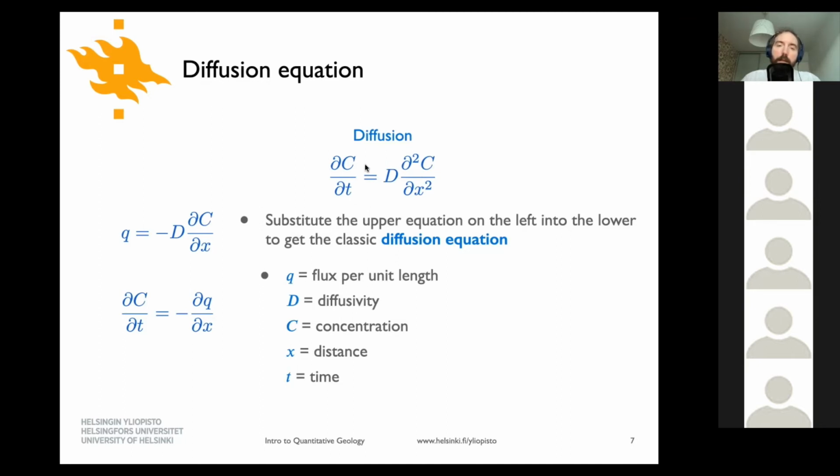It says basically the change in concentration with time is equal to this diffusion constant, D, times the second derivative of the concentration over some distance dx. So in this, if you want to talk the talk, this would be the curvature of the concentration, the change in the gradient. And then here are all of our different letters spelled out below.